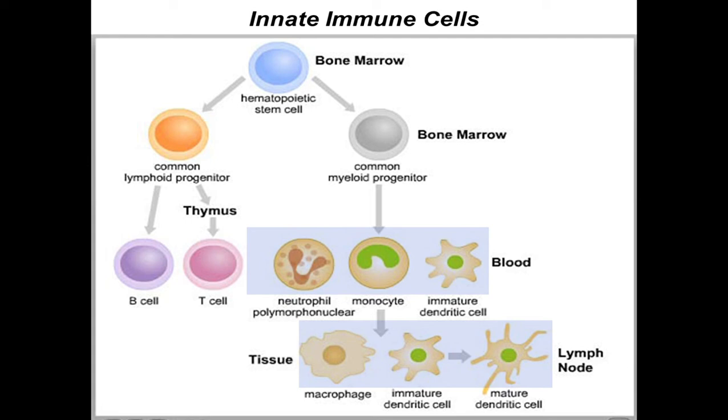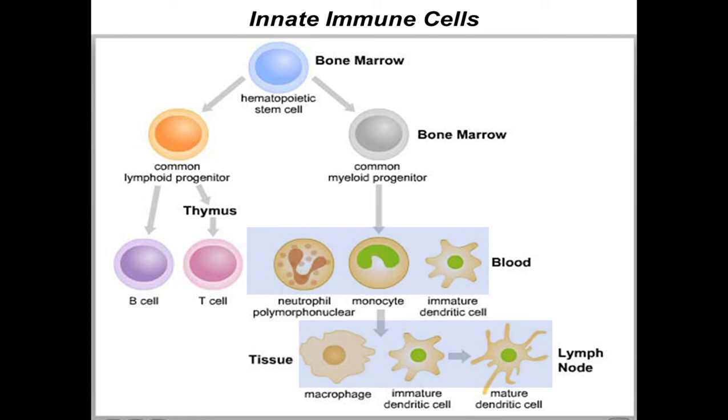They are the precursors of all cells in the body. Now, in the bone marrow, there are two divisions wherein the cells of the body are produced: the lymphoid progenitor cells and the common myeloid progenitor cells. These are the stem cells.